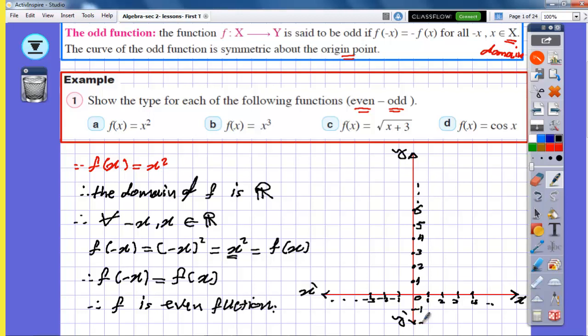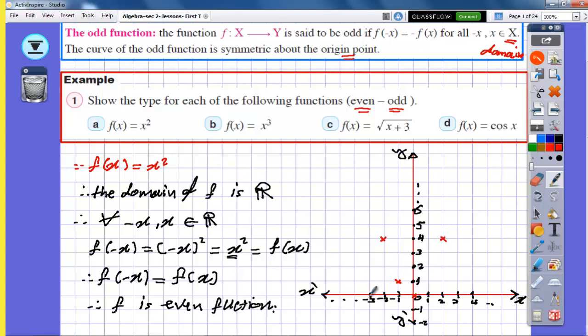Negative 1, negative 2, and so on. We'll start with f of negative 1. f of negative 1 equals negative 1 squared, which equals 1. f of 0 equals 0. f of negative 2 equals 4. f of 2 equals 4, and so on.